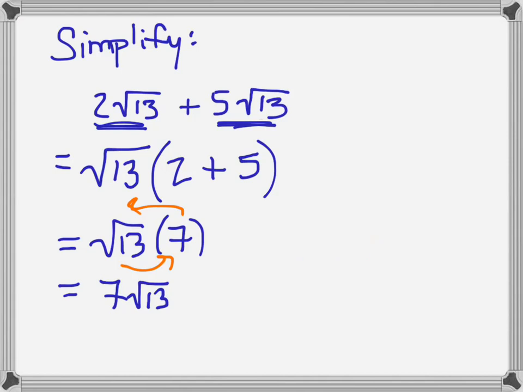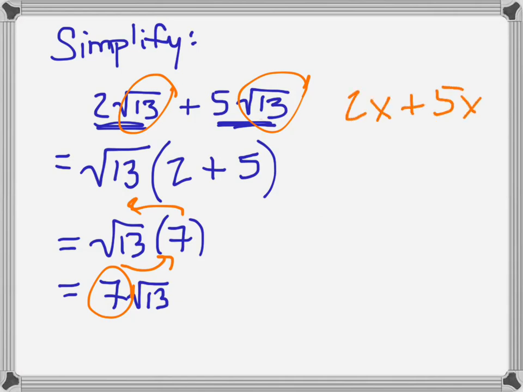Another way of thinking of this is kind of like an algebra problem. You've got 2 of something plus 5 of something, and so altogether you have 7 of that something. That's similar to if we did maybe a 2x plus a 5x. You're just counting up how many x's you have altogether.